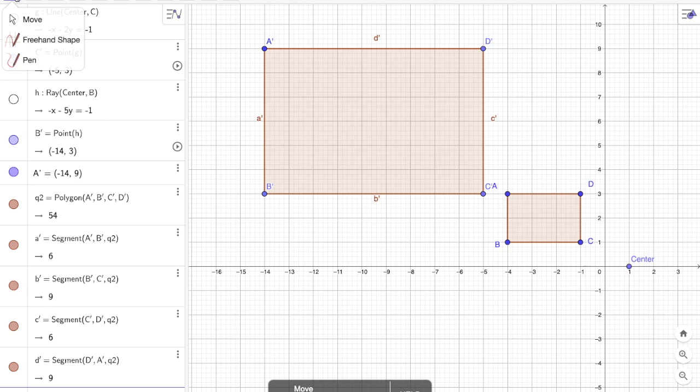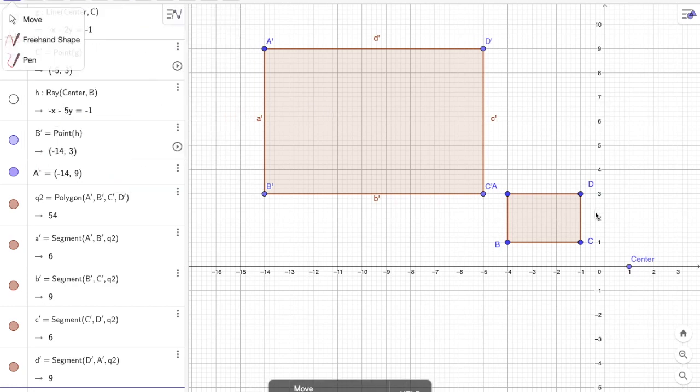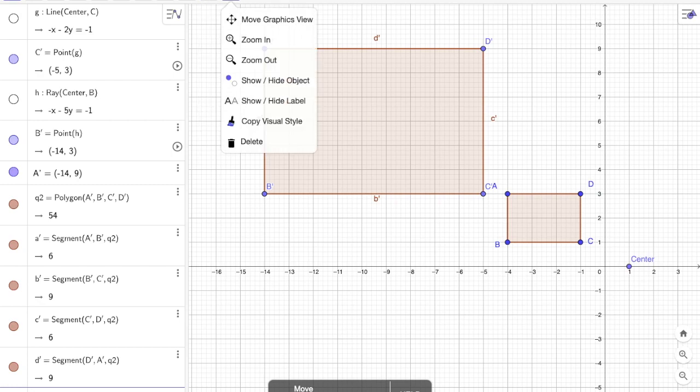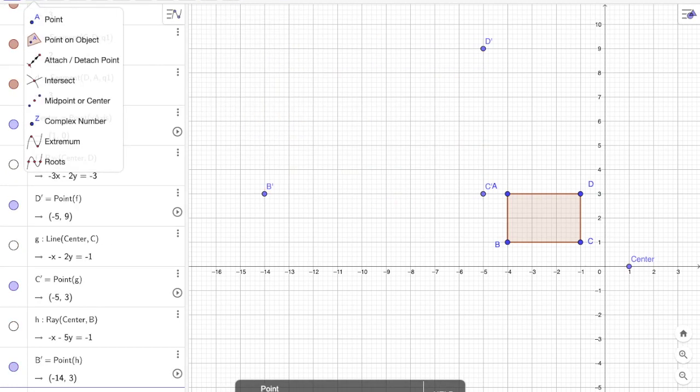There was an easier way to find A prime. So take a second to think about that second method of finding A prime. So another way that we could have done this is, we didn't have A prime, but we had all the other points.